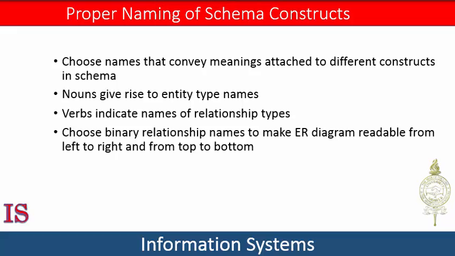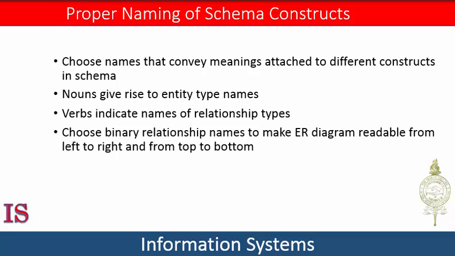When designing a database schema, the choice of names for entity types, attributes, relationship types, and particularly roles is not always straightforward. One should choose names that convey, as much as possible, the meanings attached to the different constructs in the schema.